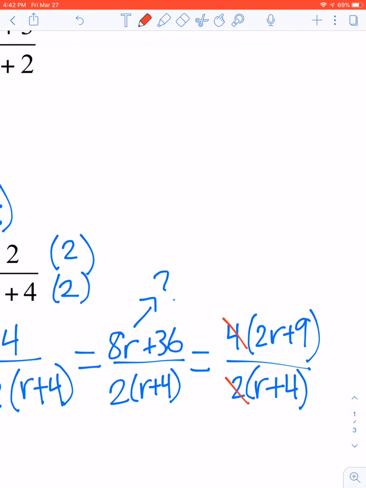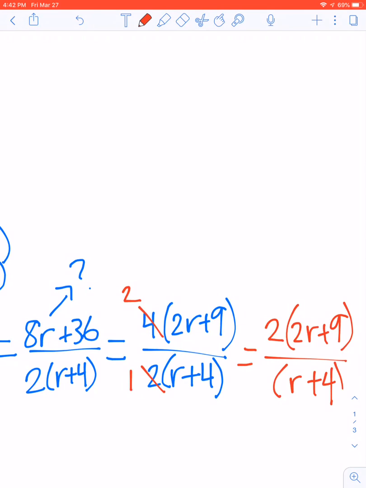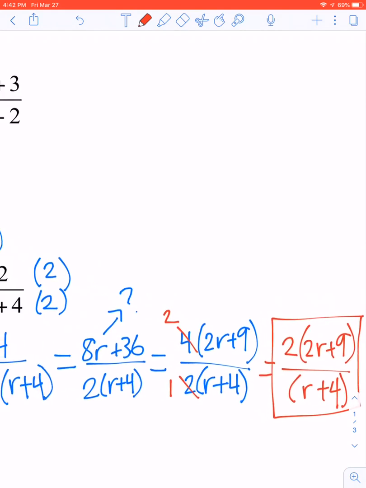We divide them both by 2, and this becomes a 2 over 1. So our final answer is that 2, then our 2r plus 9, and then the 1, which we don't need to write, over r plus 4, and now it's as simplified as it can get. So that is our final answer.